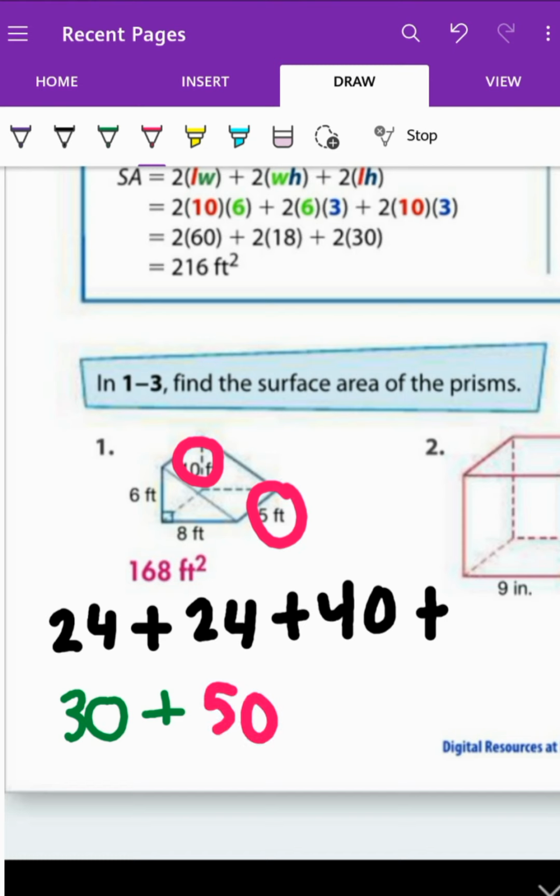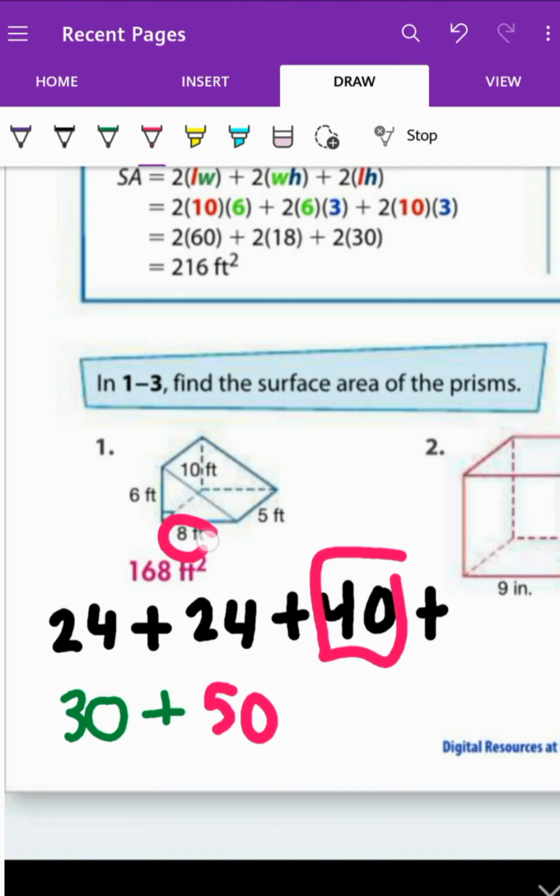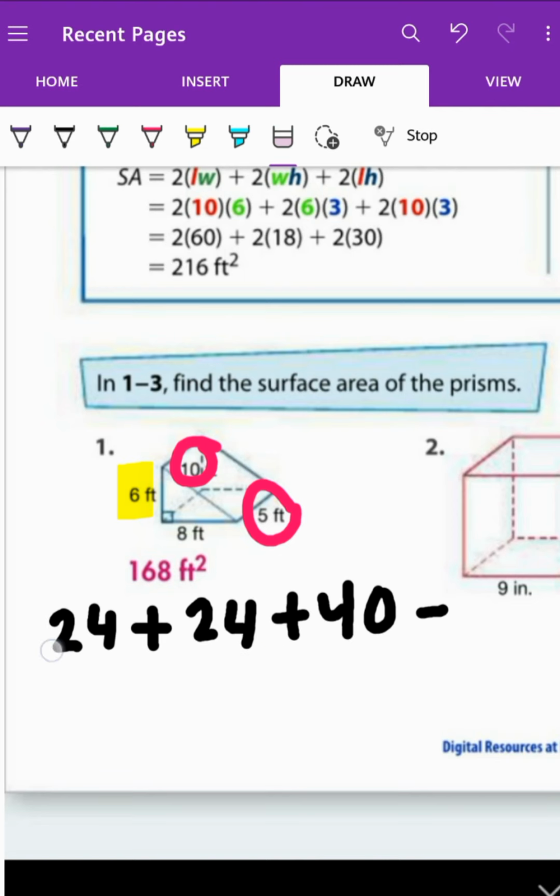Okay, my dear students, we're done. We find 3 rectangles. This is the first one. It comes from 8 by 5, the first rectangle. The second rectangle comes from 6 multiply 5, which is 30. And the third one comes from 10 multiply 5, which is 50. Okay, my dear students, add them, you get 168.